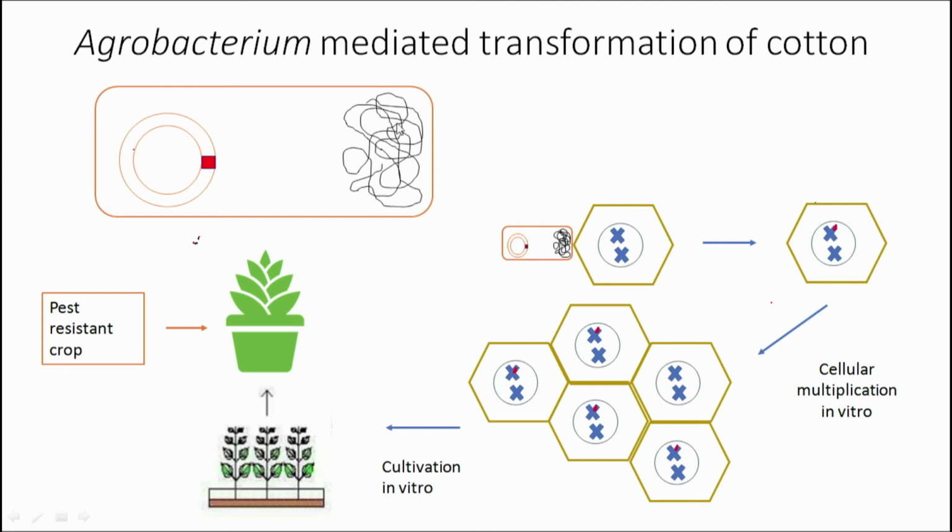So, now you see that this is a transformed agrobacterium, and it is incubated with this cotton. This is the cell from the cotton plant, and this is the nucleus, and all these are chromosomes inside. Now, after the agrobacterium infection of this particular cell, which is derived from the cotton plant, this particular gene gets integrated into the chromosome.